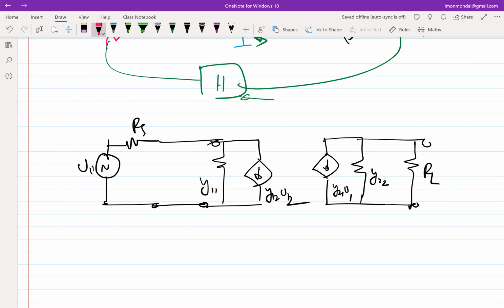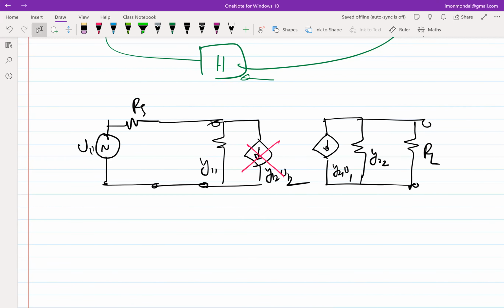So Y12, V2 going to 0, we discussed in fair amount of detail. So now, what is the implication of Y22? From the circuit perspective, if I look at this part of the network, what purpose is Y22 going to 0 serving?